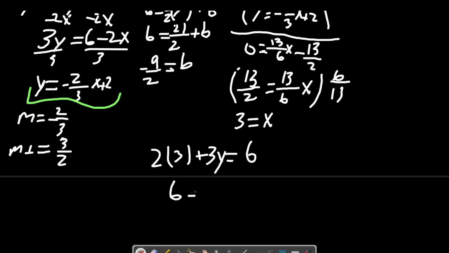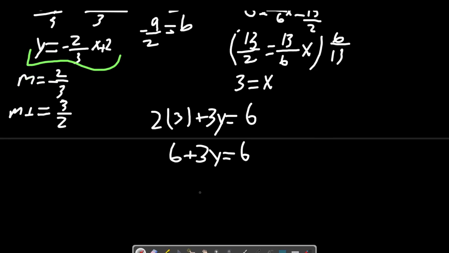So 6 plus 3y equals 6, and therefore y has to be 0 because 3y is equal to 0. Okay, so you have a point here now, 3, 0.